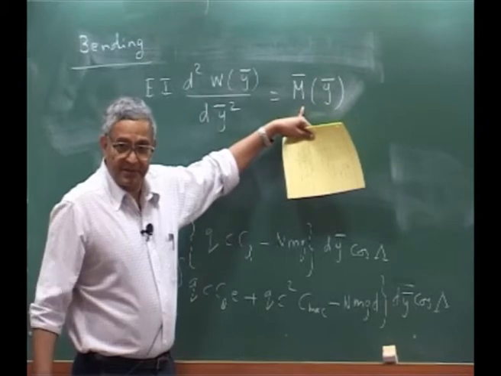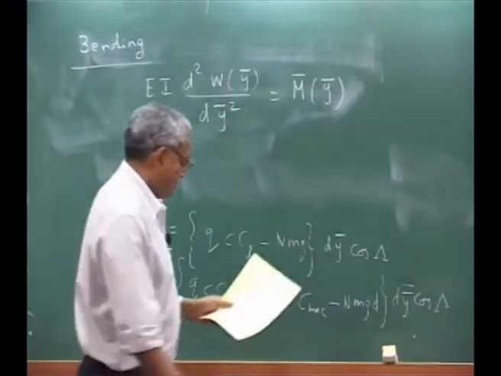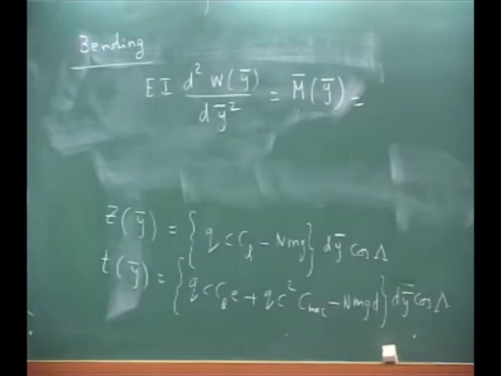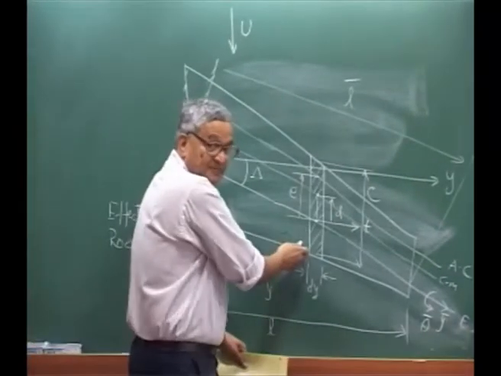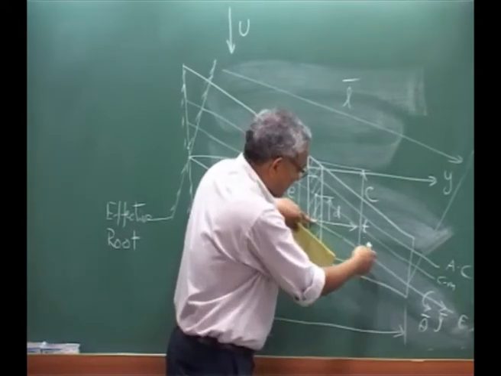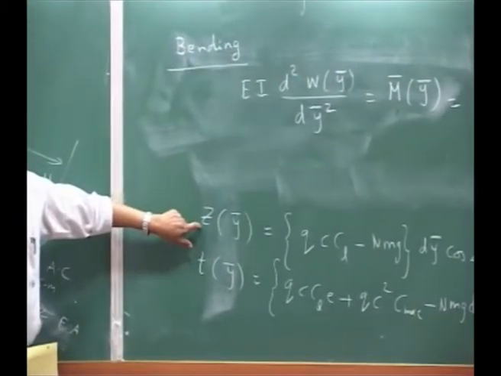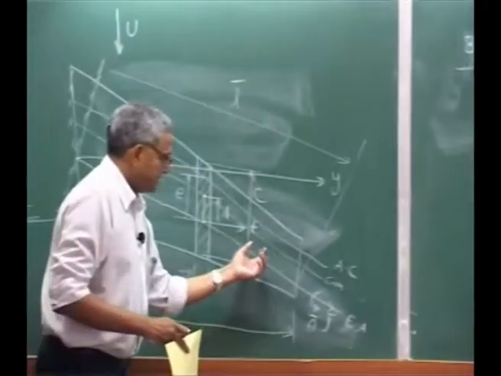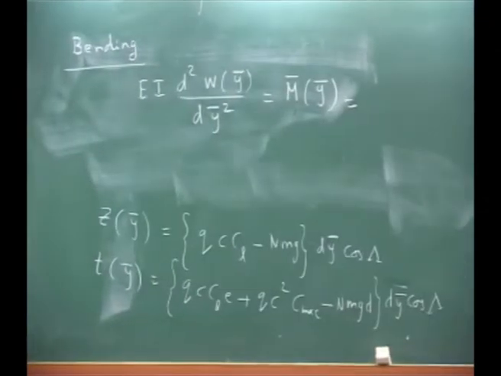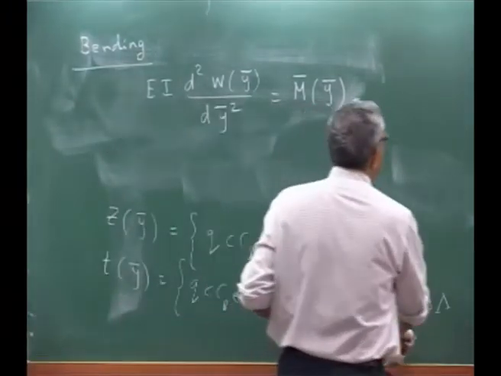Alright, the moment per unit length at any section will be due to the aerodynamic lift, which is acting along Z, plus the integral of the component of the twisting moment for the bending. So you will have two components.